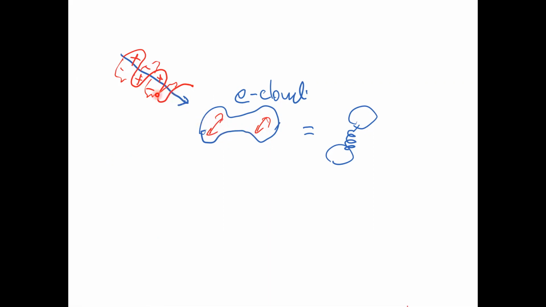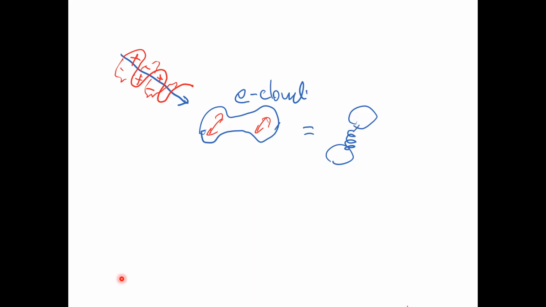And when the light hits these molecules, the electron cloud is oscillated by the electric field, and that induces a temporal dipole. And this oscillation is kind of like a mass connected with a spring, right? So some mass is oscillated by the spring force.